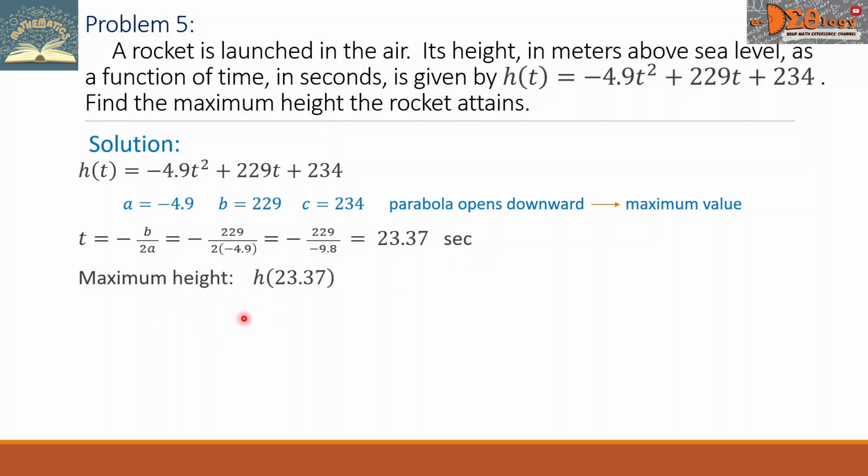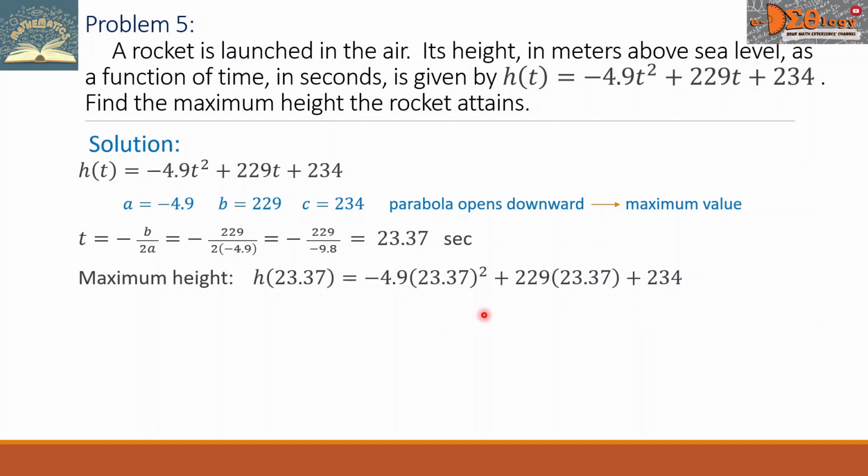We will get it if we evaluate h, this function, with respect to t, and that is 23.37. Let us now evaluate the function. We get negative 4.9 times the square of 23.37 plus 229 times 23.37, then plus 234.